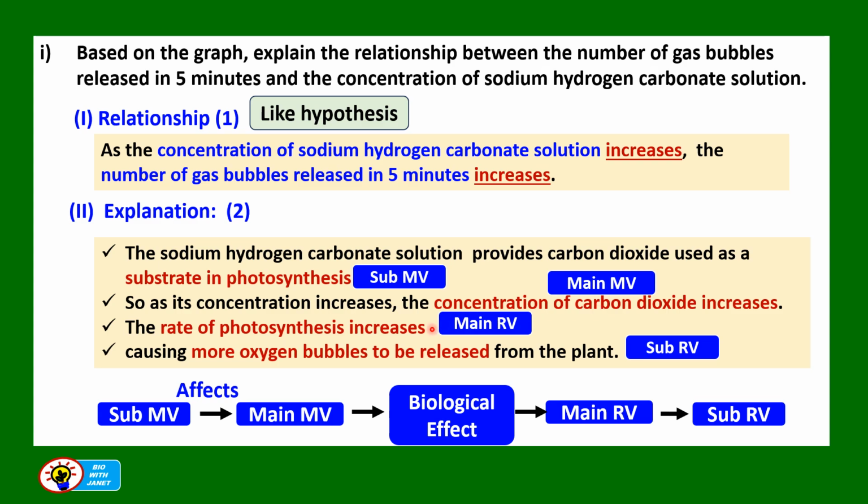So then, if the concentration of carbon dioxide increases, the rate of photosynthesis also increases because carbon dioxide is a substrate used in photosynthesis. Okay, so the carbon dioxide will be reduced to produce glucose, and then oxygen gas is a byproduct. Okay, so this will cause more oxygen bubbles to be released from the plant as a byproduct. Okay, so 1 mark for each tick, or they may combine together some of these answers. So explanation may be 2 marks.